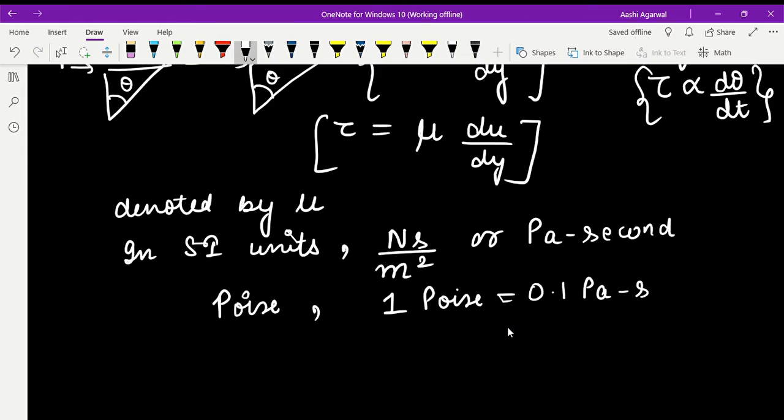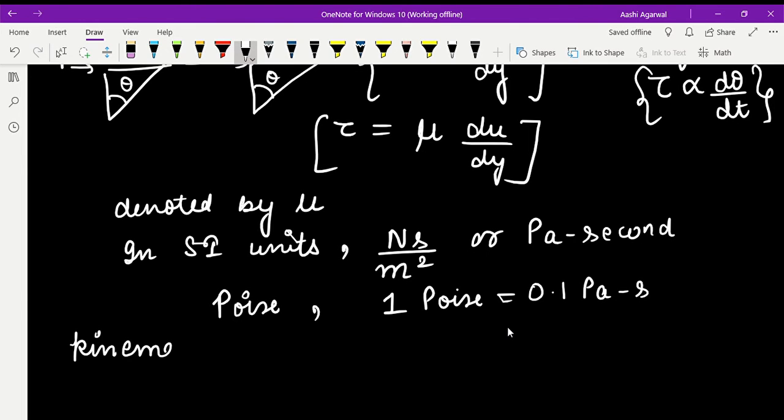After you apply a force to that fluid and it continues to be in motion, how fast it can move, that is kinematic viscosity. Dynamic viscosity means how much force has to be applied to move a certain liquid. Whereas kinematic viscosity is, after applying a certain force, at what rate it will move.